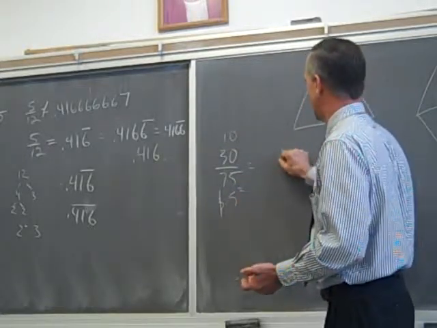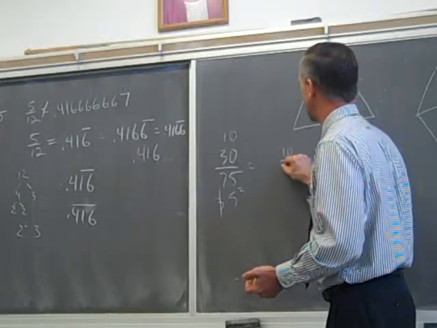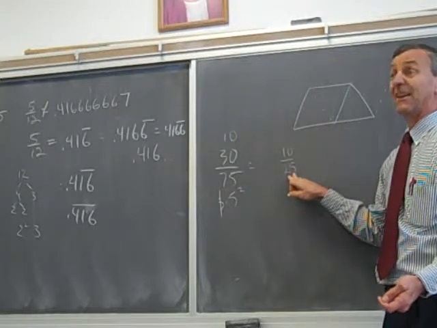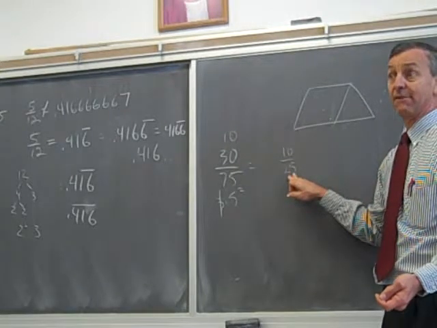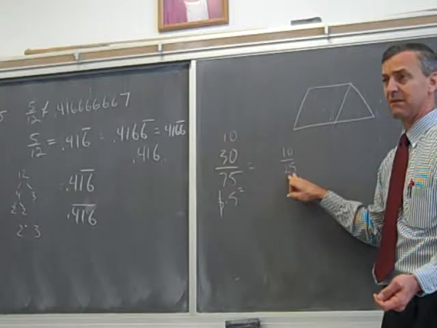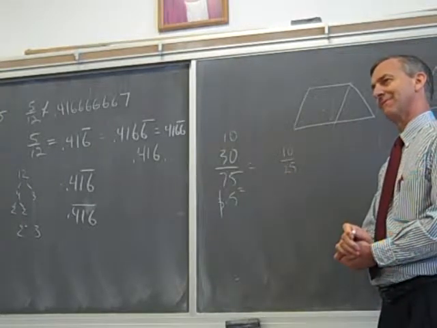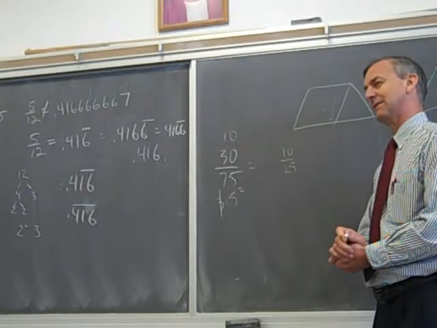And now, there aren't any factors down here other than 2 or 5. Does that make sense? Yeah, I was just confused because it didn't work on the bottom, but it worked here, so I was like, what?